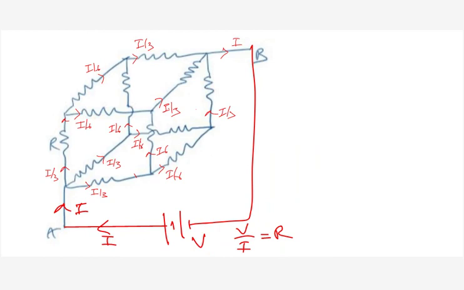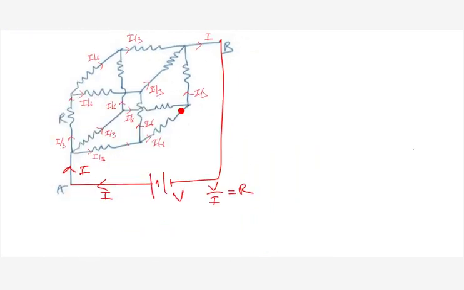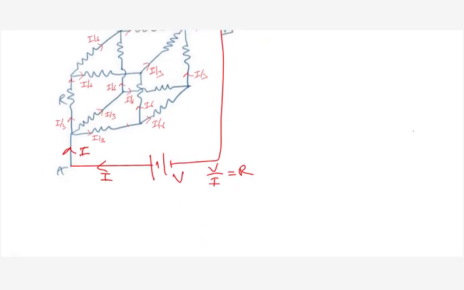So let me consider this current path. I'm starting from here. This is I by 3 into this.